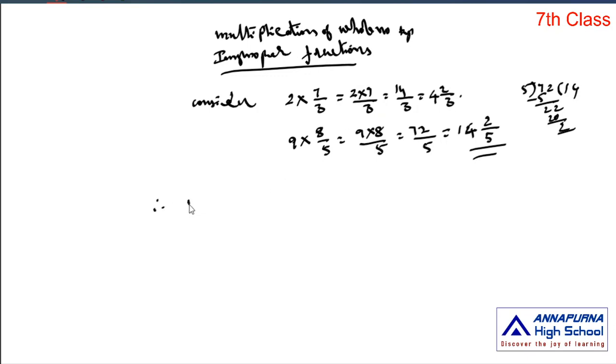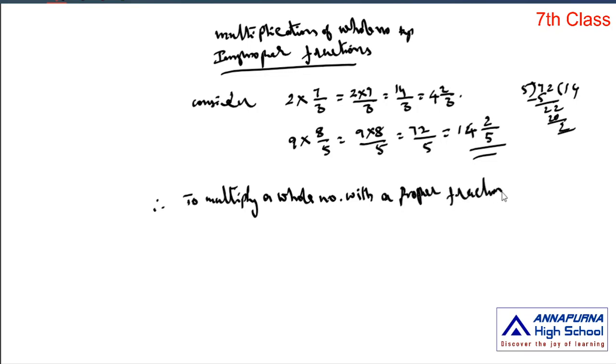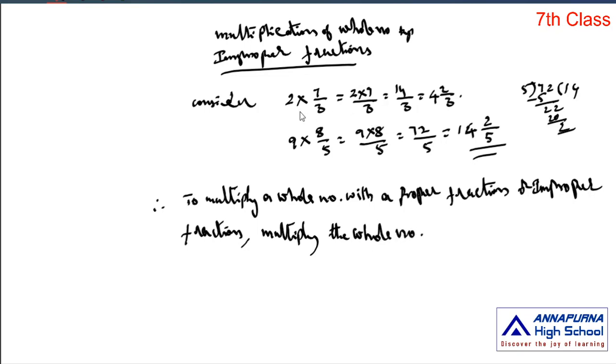Therefore, we can write: to multiply a whole number with a proper fraction or improper fraction, first multiply the whole number, 2 into 7 by 3, multiply the whole number 2 into, what is the 7?